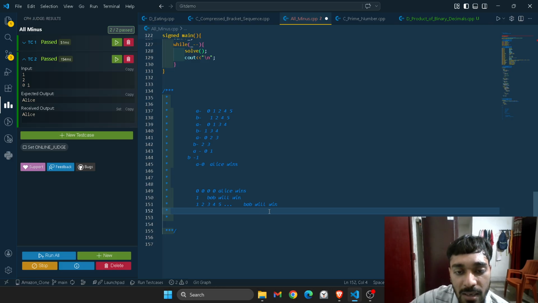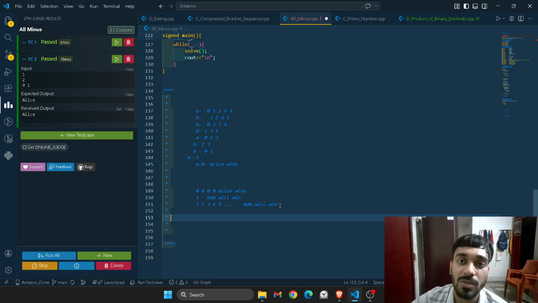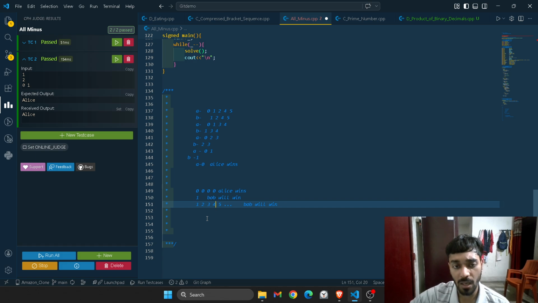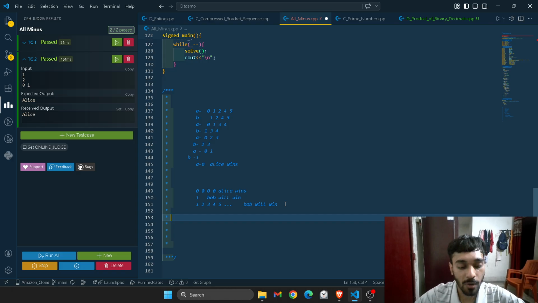Now I will generalize this. In this question, the important thing is you don't have to focus on what the last integer left will be and whose chance it will be. We can simply say that if the game is going on and we get to a state S, whoever makes the move on this S will win.